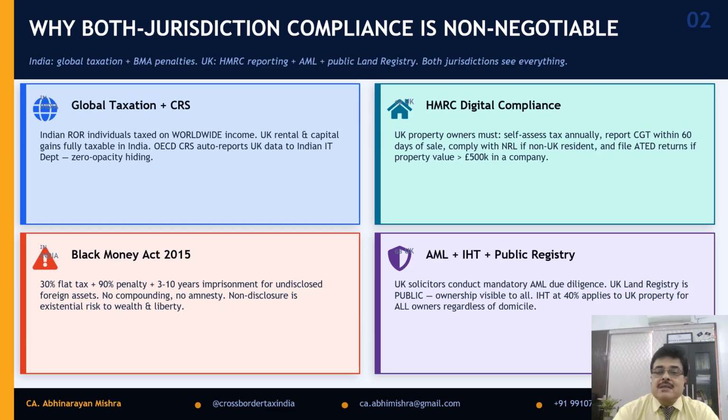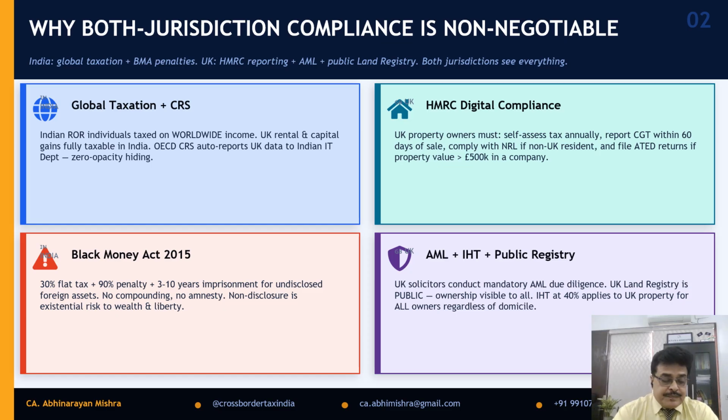And if you already own another property anywhere in the world, an additional 3% ADS will be chargeable. So, for example, on a £1 million purchase, that totals roughly over £120,000 in SDLT alone. File the SDLT return within 14 days of completion or face automatic penalties.